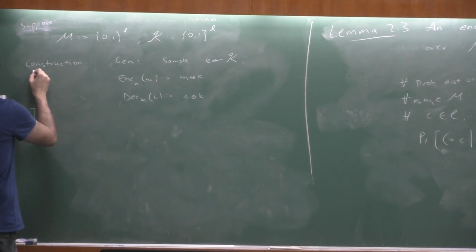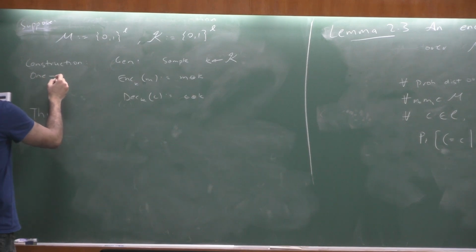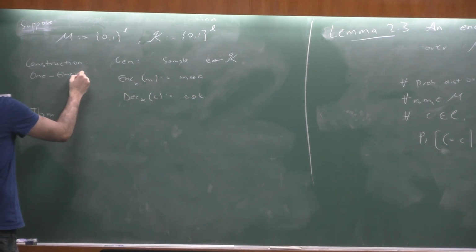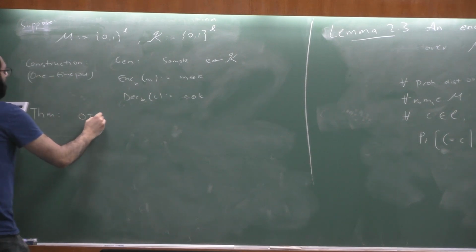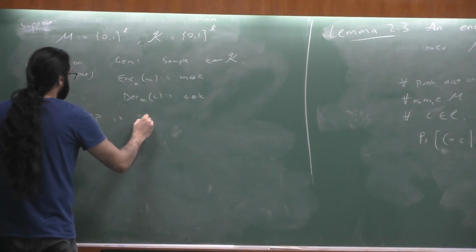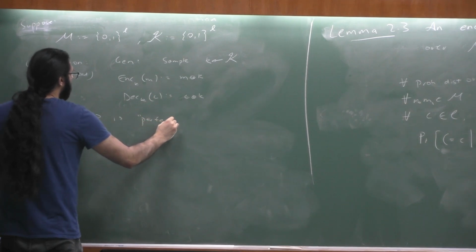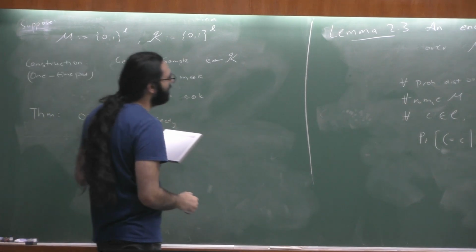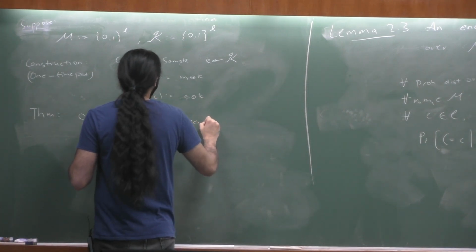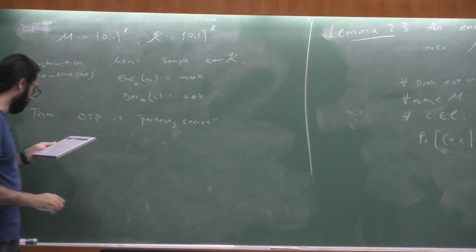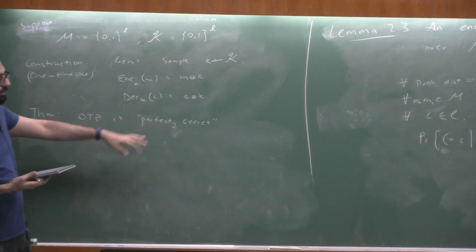It's called a one-time pad, or Vernam cipher, I forget. We'll just call it the one-time pad. So the theorem: the one-time pad is perfectly secret, as per the definition that we had.